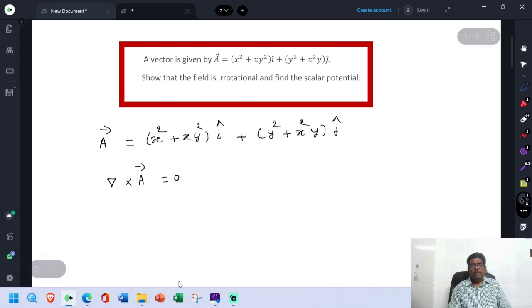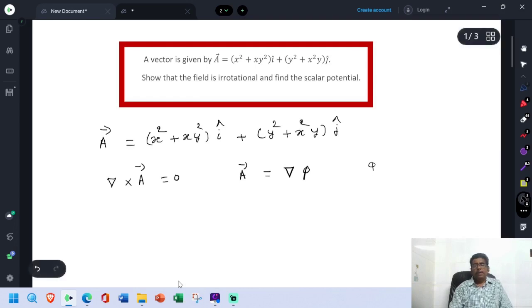If this condition is satisfied, then the field created by the vector A is irrotational. If it is true, then the nature of the vector A should equal gradient of a scalar.